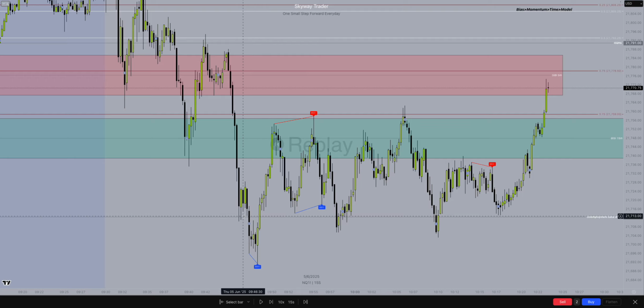Are we in macro? No, we're not in macro, so that's not good. We don't get into macro until here. So anyways, let's just say this is first inverse or outside of macro. We can pull back. We get another inverse here, 15 second here. Momentum, bias, time, model.